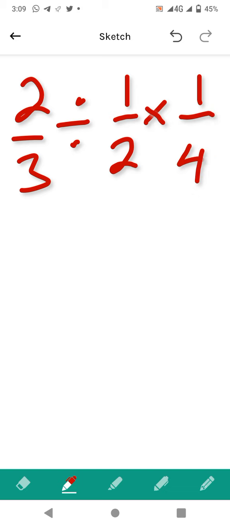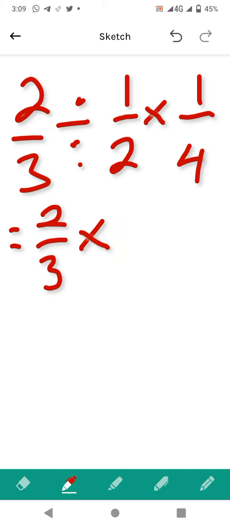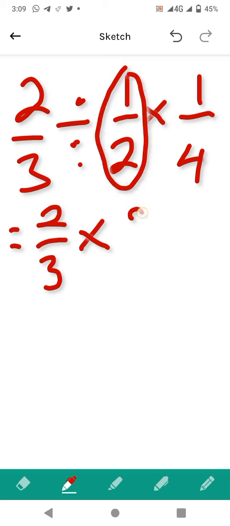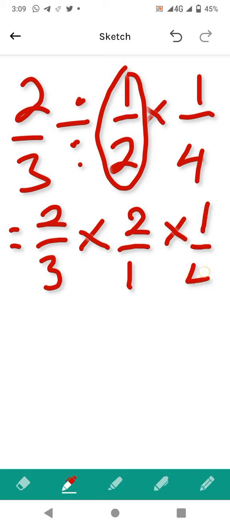If I don't want to divide, this is how it will look: 2/3. Now I will change this division sign to multiplication, so it becomes times. Then I invert this other fraction. You turn it upside down, write it 2/1 times 1/4. On that note, 2 times 2 times 1 will give us 4. Then 3 times 1 times 4 as denominator will give us 12.